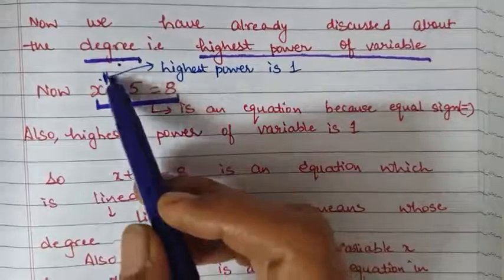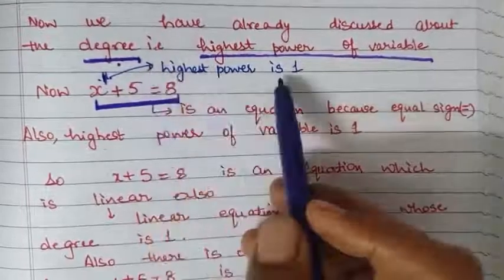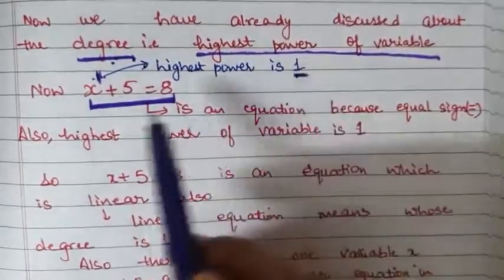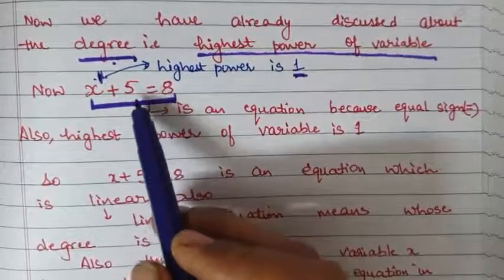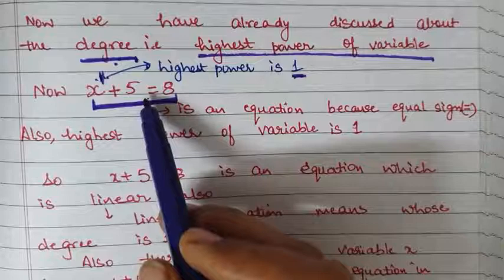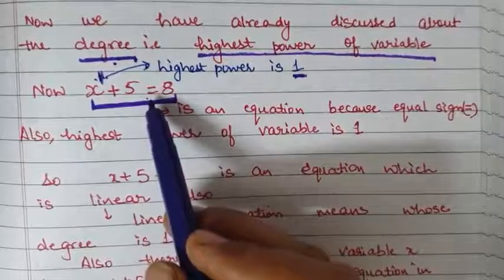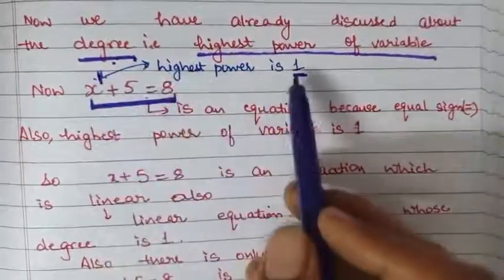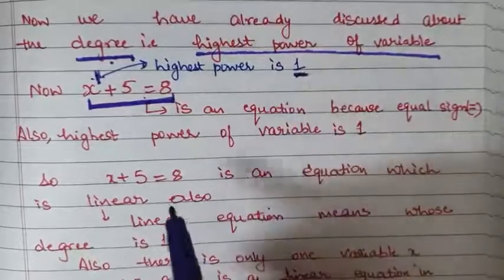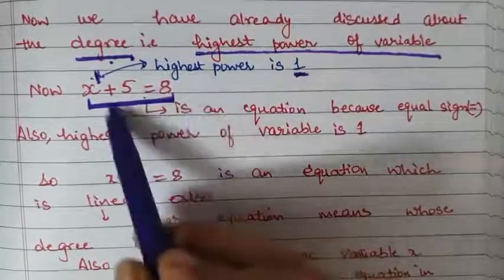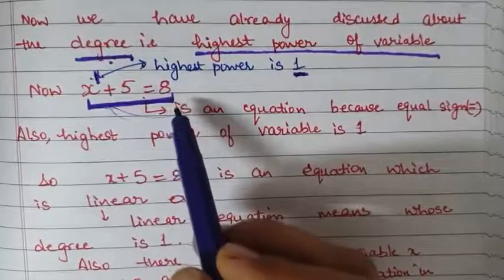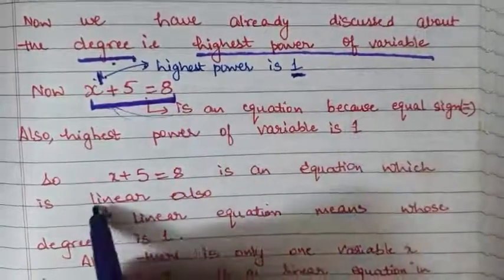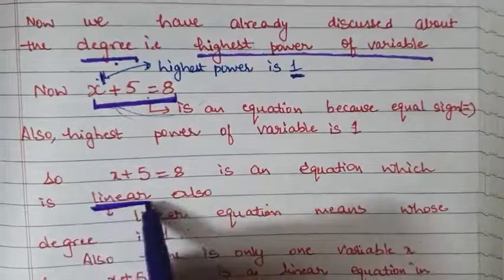The highest power of the variable is 1. Now this is an equation because the equals to sign is there. Also the highest power is 1. So any equation whose degree is 1, we call it a linear equation.